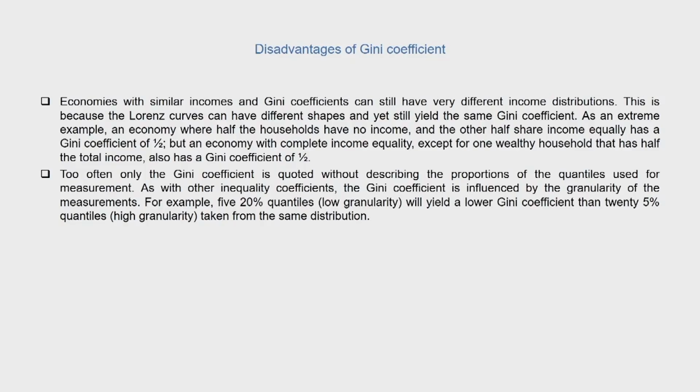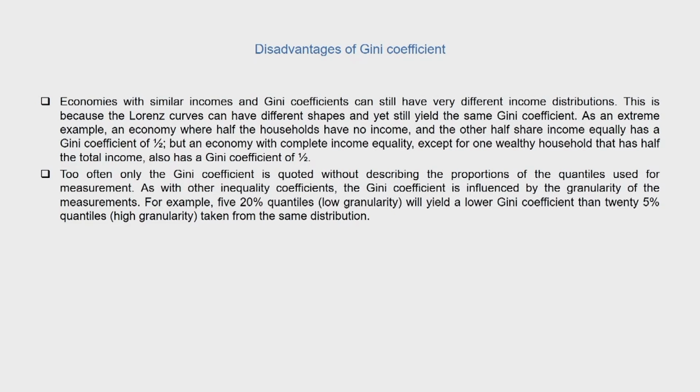So, when we are examining the issue of inequality, the shape of the Lorentz curve and the Gini coefficient, the index, both of them need to be examined together. And that is what this point means, that economies with similar incomes and Gini coefficients can still have very different income distributions. So, studying and examining the kind of income distribution is very important.